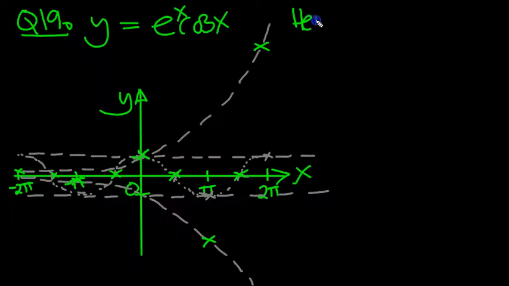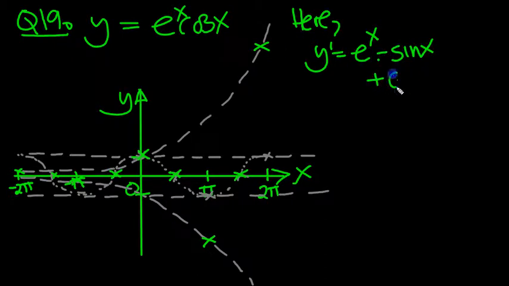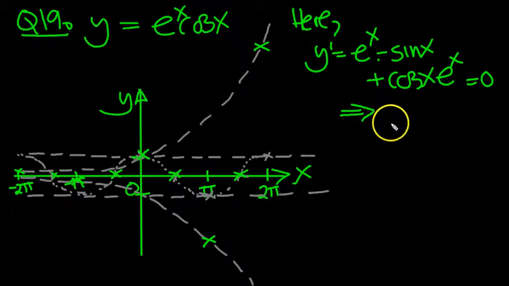So here, just to be sure, y dash is equal to u times dv/dx. Cosine goes to minus sine, plus v, that's cosine, times du, which is e to the x. Let it equal 0. That tells us that the e to the x can be divided out, and we get sine x equals cosine x.